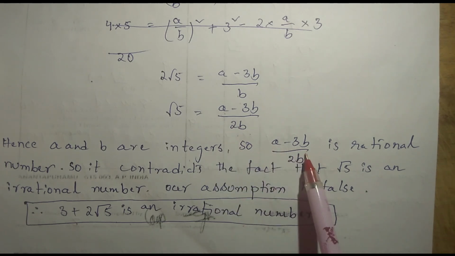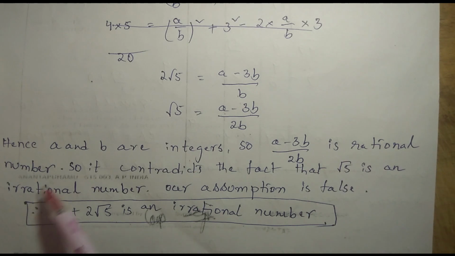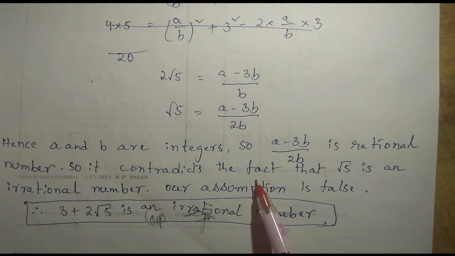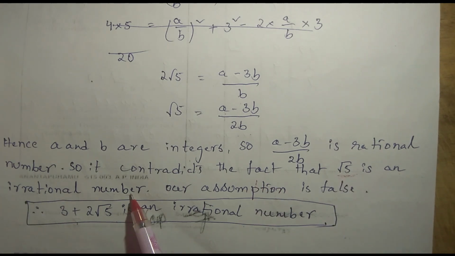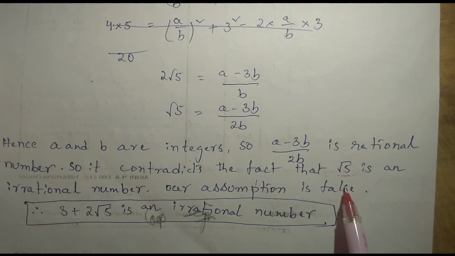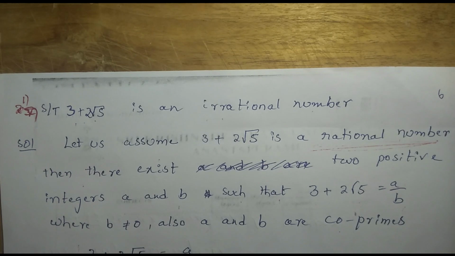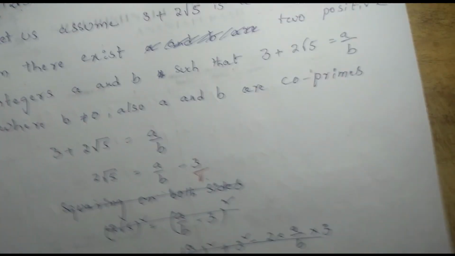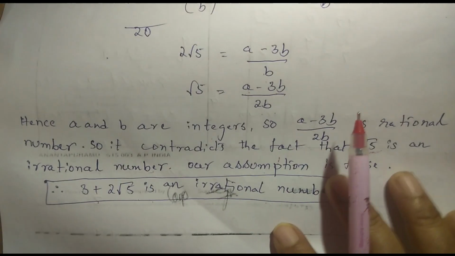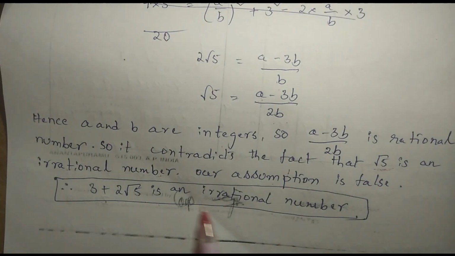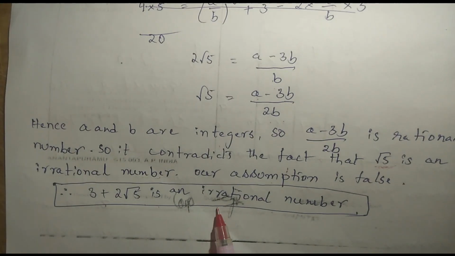So a minus 3b by 2b is a rational number. So it contradicts the fact. What is that fact? √5 is an irrational number. So our assumption is false. What is our assumption? 3 plus 2√5 is rational. Therefore 3 plus 2√5 is an irrational number.